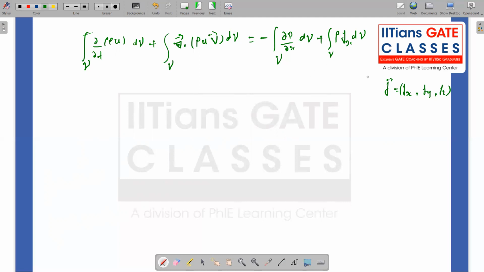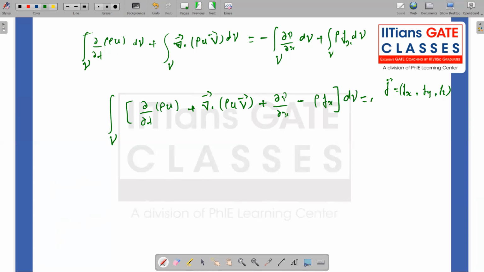All of them are integrated with respect to volume. So I can take the volume integral as a common parameter and dump all the integrands into one single expression: dou by dou t of rho u plus divergence of rho u velocity vector plus dou p by dou x minus rho fx times dv equal to 0.